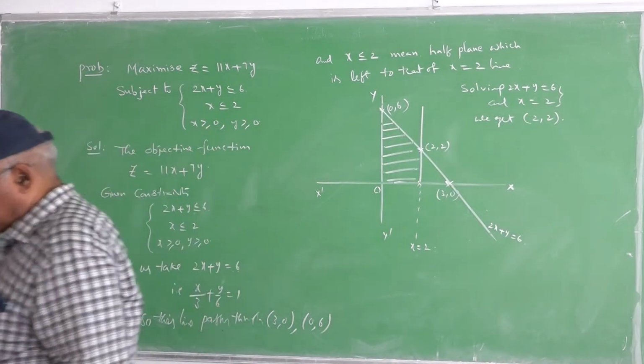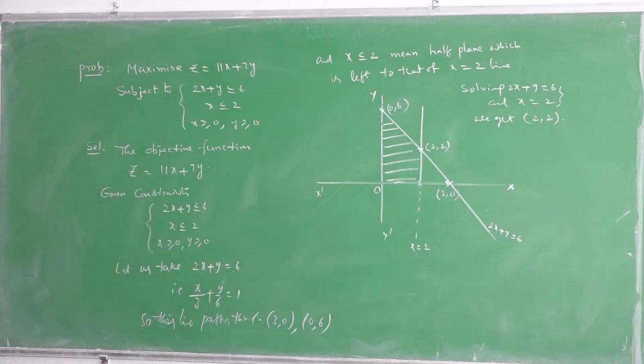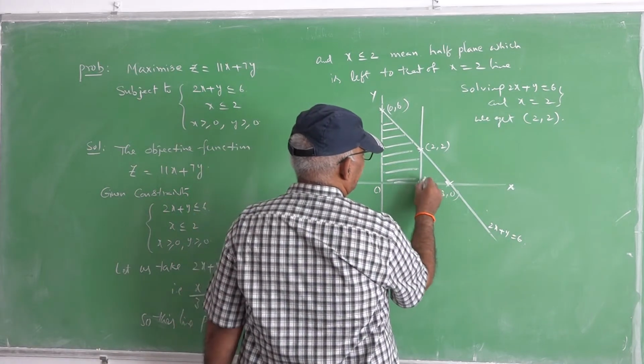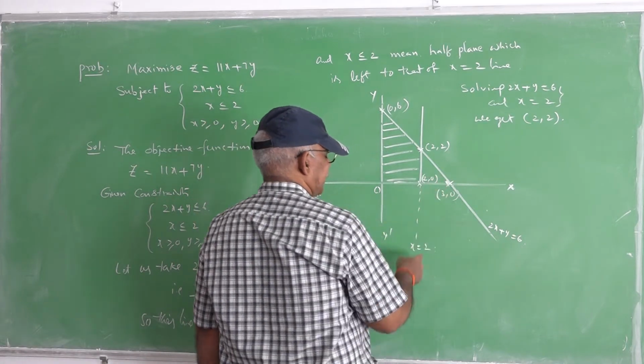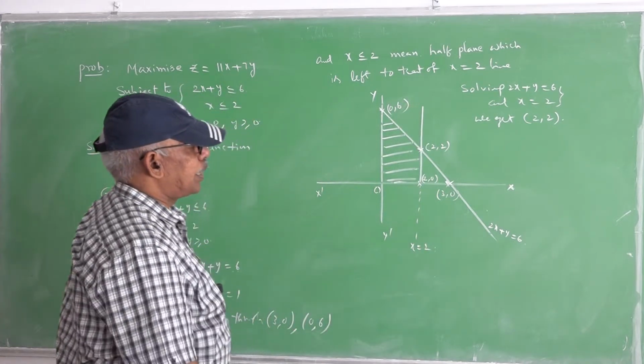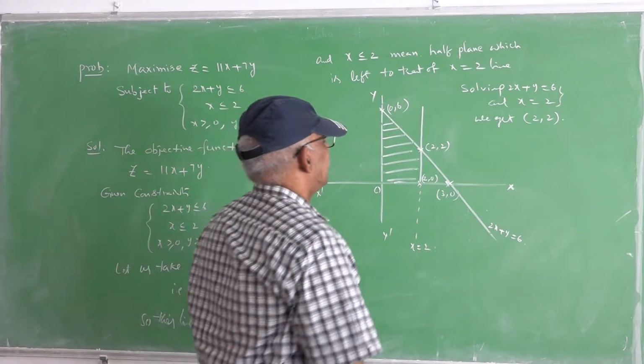Okay. Now, this is the point 2 comma 0 of course, because x equal to 2 is the vertical line drawn at x equal to 2.